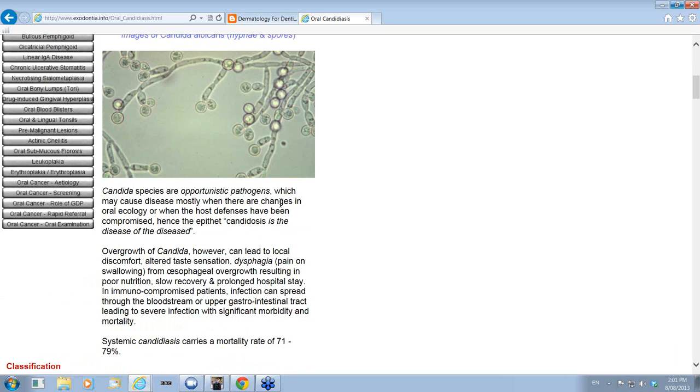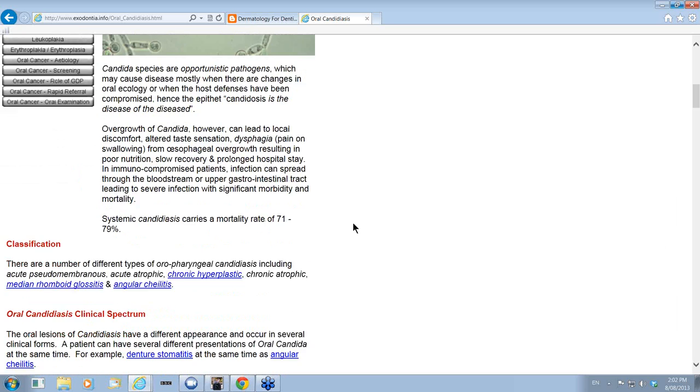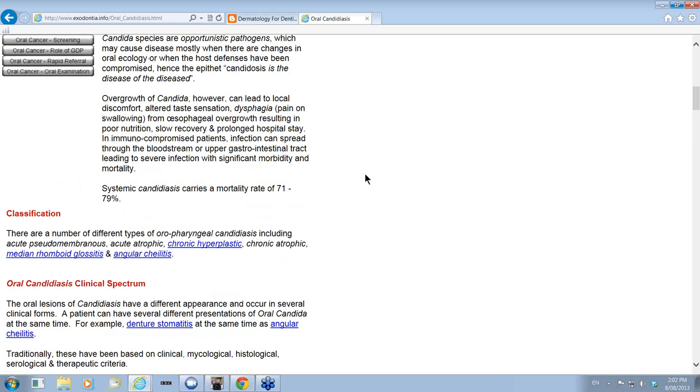They've commented there it's an opportunistic pathogen, meaning that if the environment's right, it'll proliferate, like if you've been on courses of antibiotics, if you're on oral steroids, or if you're using inhaled steroids, then this little organism will multiply. Seldom do you get systemic candidiasis. You'll get that perhaps in AIDS patients or patients who are immunosuppressed, and it carries a significant mortality rate.